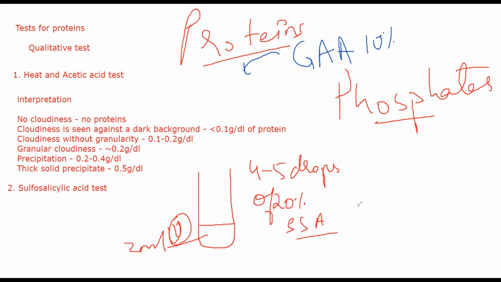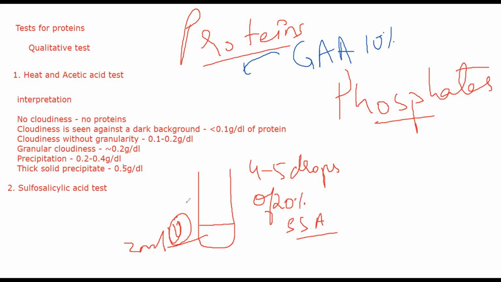To that you add 4 to 5 drops of sulfosalicylic acid and you heat the solution. Let's suppose a little bit of turbidity appears even before heating, and after you heat, that turbidity still stays. It means that proteins are present inside the patient's urine, so that you can perform further evaluation of that.